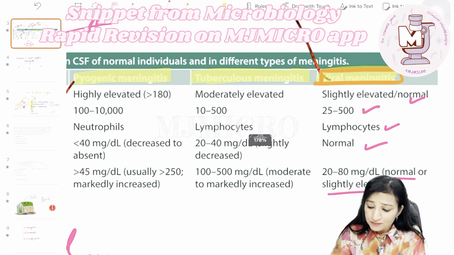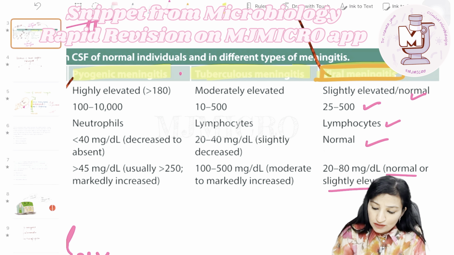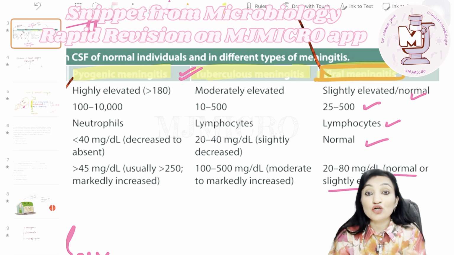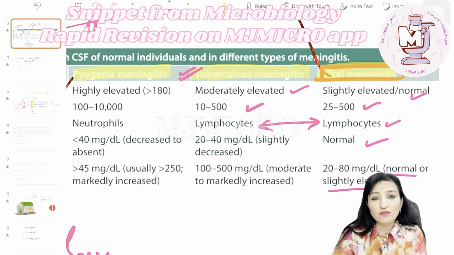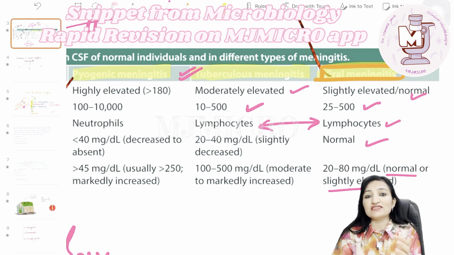Now let's go to tuberculous meningitis. Now tuberculous meningitis is a bit more active. It is not as lazy as aseptic or viral meningitis in the sense that the pressure is moderately elevated. The cell count is almost the same, 10 to 500, and the cell type is also the same as viral meningitis, that is lymphocytes.